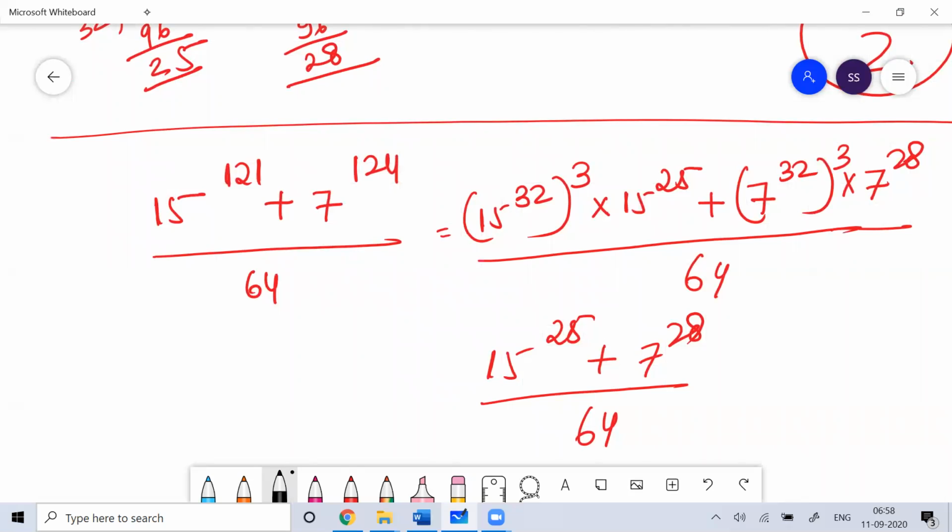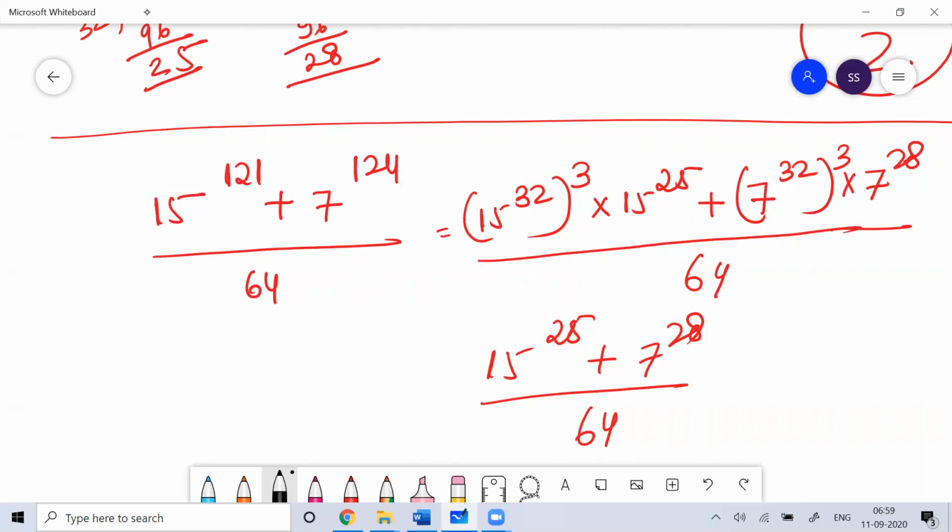So now what can I do to divide it by 64? 64 I can write as 8 into 8.